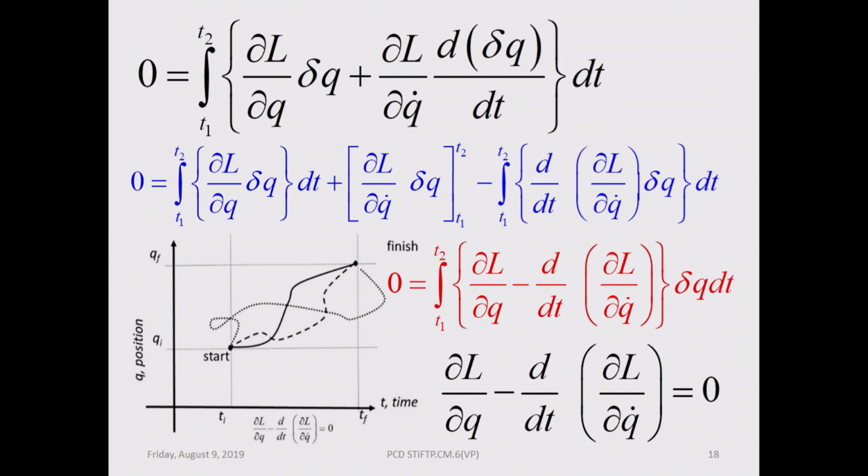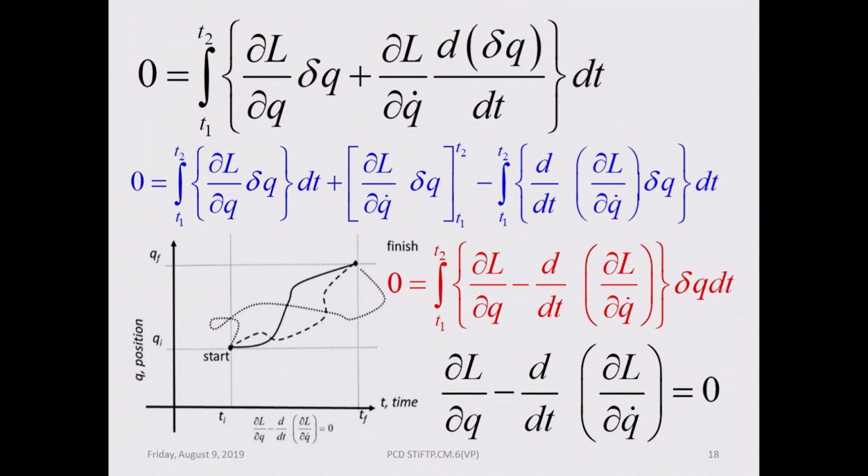Okay, the integrand is del L by del Q minus d by dt of del L by del Q dot. So this is the Lagrange equation. It is actually an equation of motion. It describes the evolution of the state of the system. There are time derivatives involved. Where are the time derivatives? Q dot is the time derivative of position, it is the velocity.